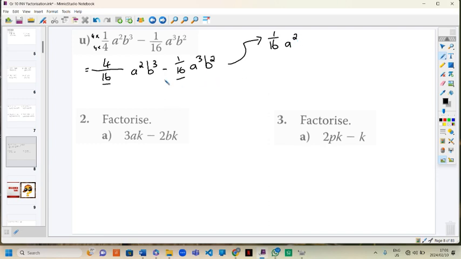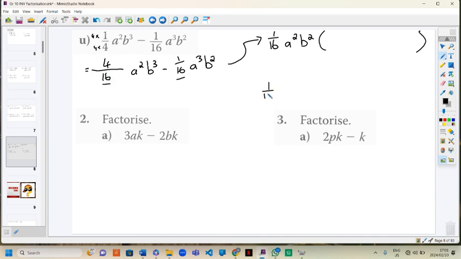What's common in the B's? B squared. Now I need you guys to put in your thinking caps. What multiplied with 1 over 16 is going to give me 4 over 16? I'll give you a few seconds to think about it. Pause the video, think about it. I want you guys to do this with me quickly.